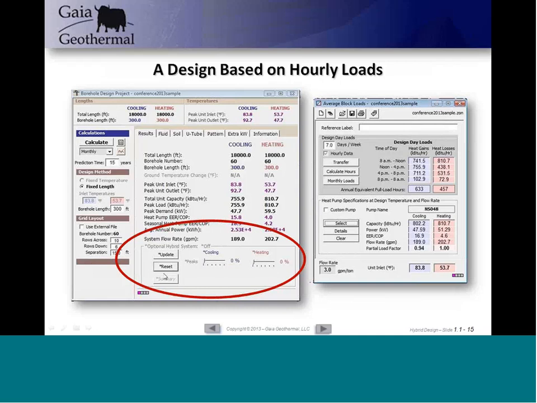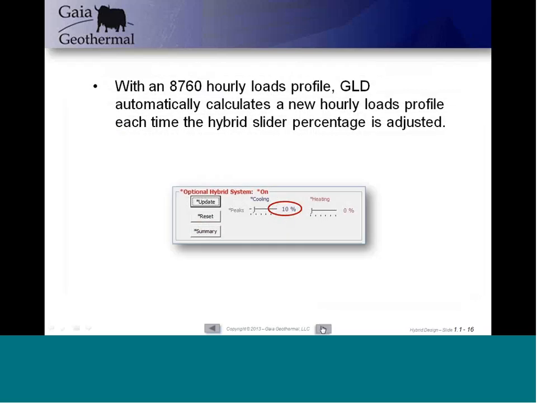You may note that this panel looks a little different than previous editions of GLD hybrid sliders because it is new. So with an 8760 hourly loads profile, GLD automatically calculates the new hourly loads profile each time the hybrid slider percentage is adjusted.